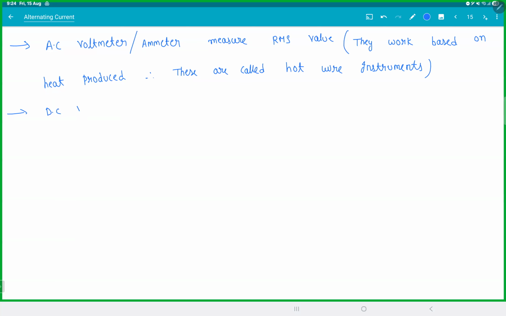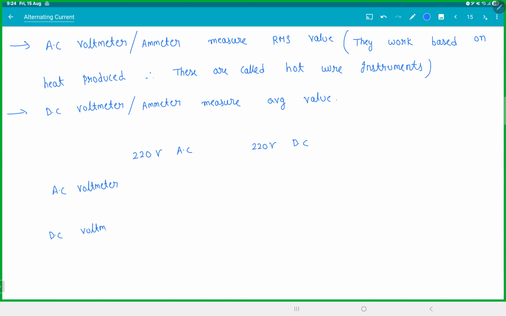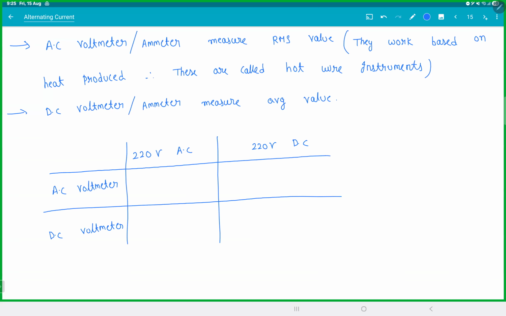Similarly, if you take a DC voltmeter or ammeter, they measure the average value. So let's say you take two supplies, 220 volt AC and 220 volt DC. You connect an AC voltmeter to them, and you bring a DC voltmeter. If you connect an AC voltmeter to 220 volt AC and 220 volt DC, and a DC voltmeter to 220 volt AC and 220 volt DC, what do they show?